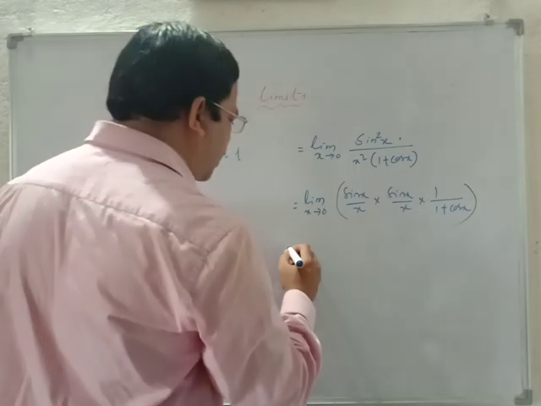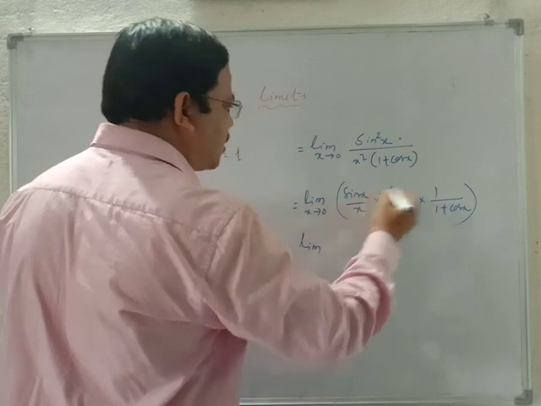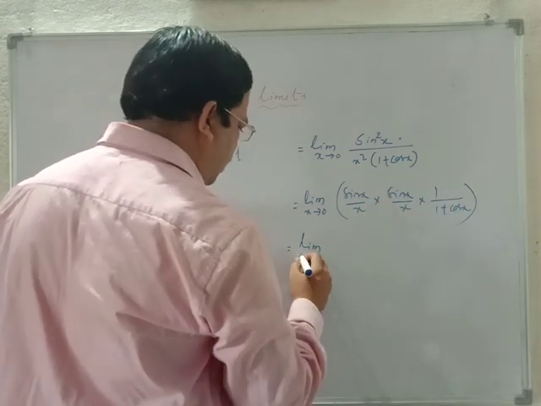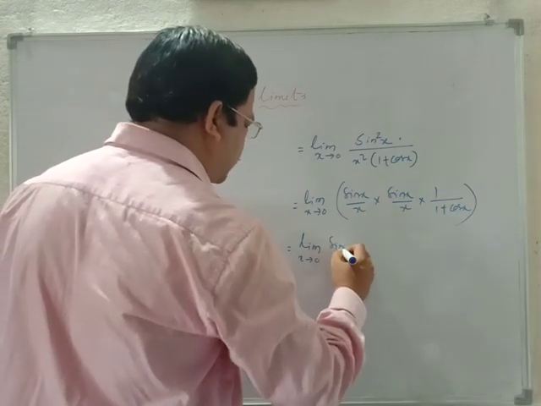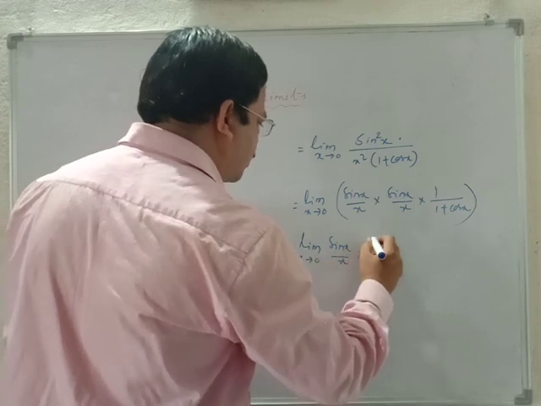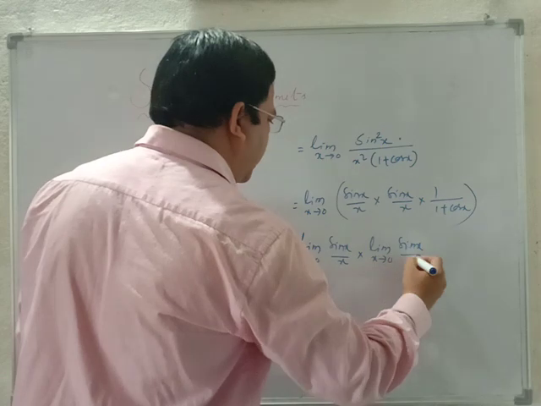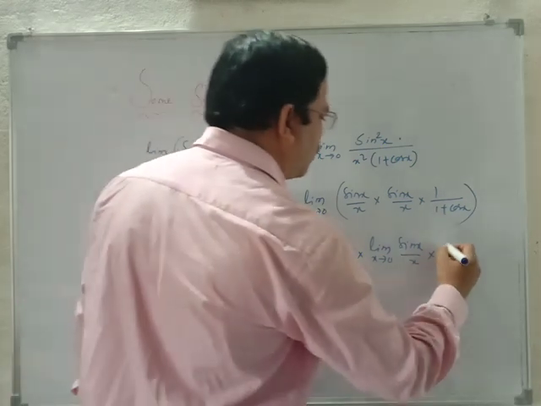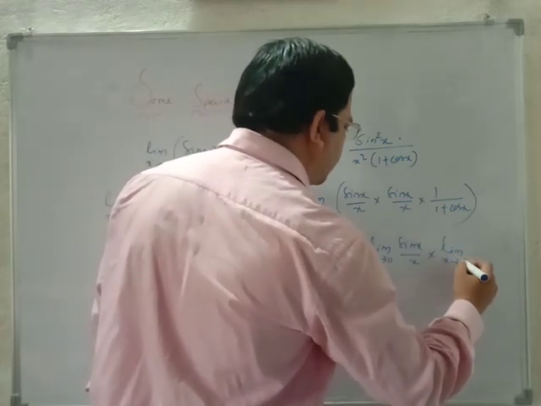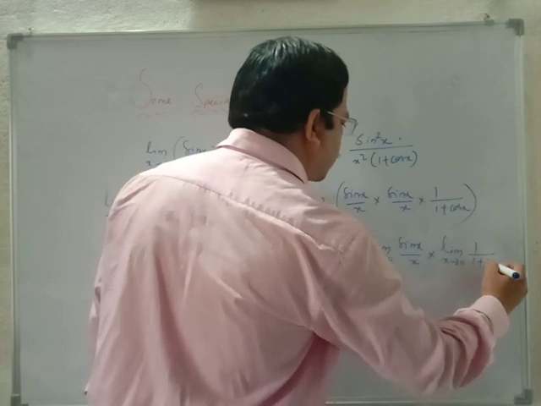So this limit can be split into three factors: limit x tends to 0 sin x by x, into limit x tends to 0 another sin x by x, into limit x tends to 0 1 by 1 plus cos x.